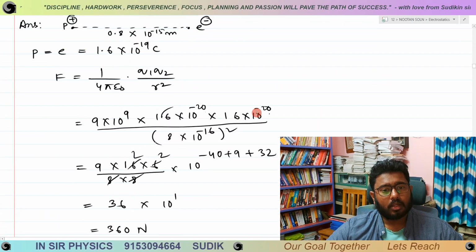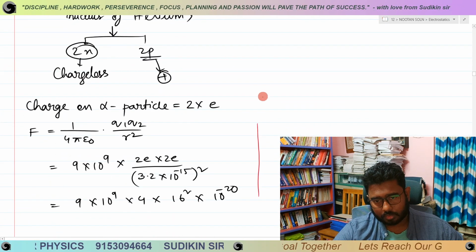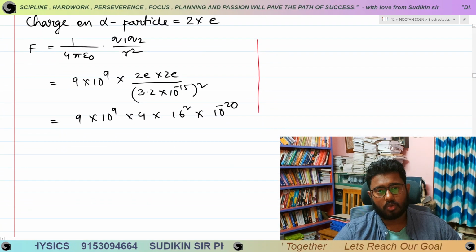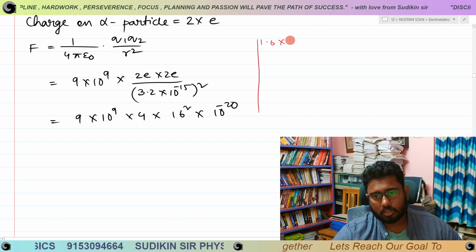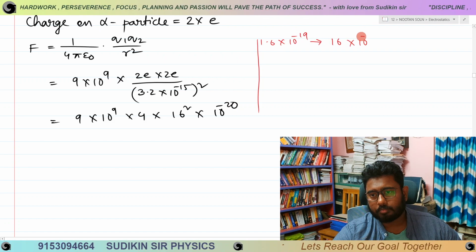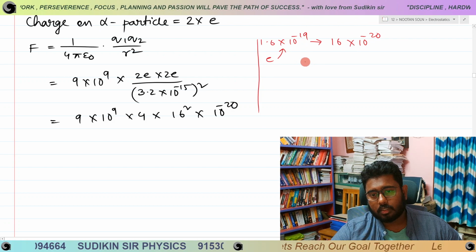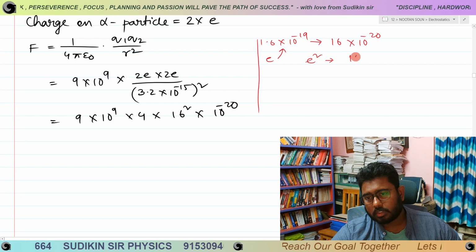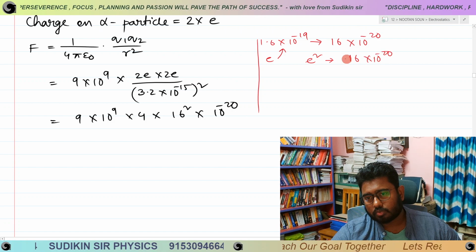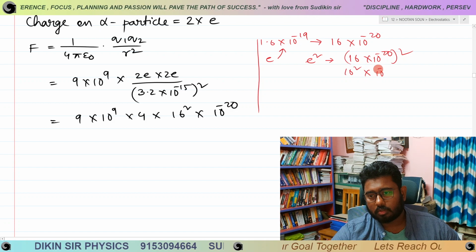See, because 1.6 into 10 to the power minus 19, we can write it this way: 16 into 10 to the power minus 20. So this is e, then what will be e square? That will be 16 into 10 to the power minus 20, squared, that will be 16 square into 10 to the power minus 40.